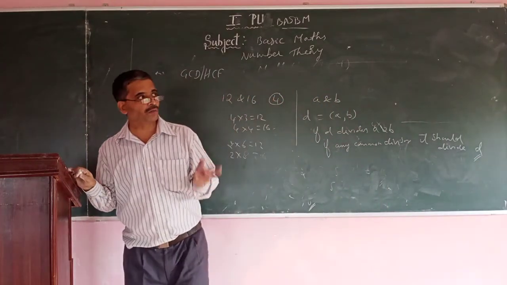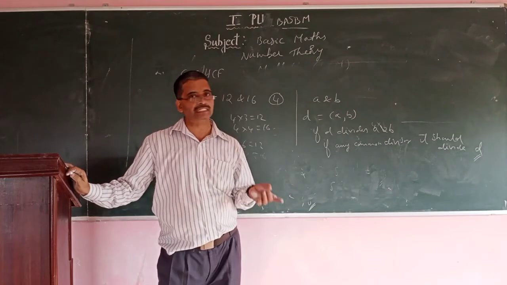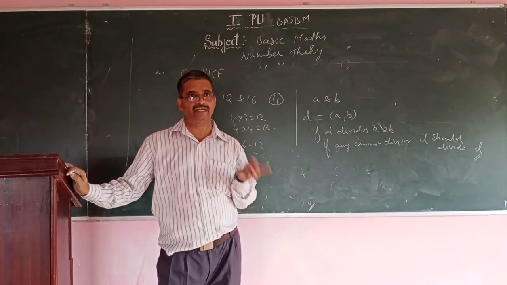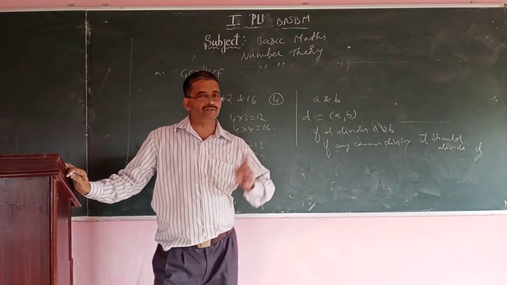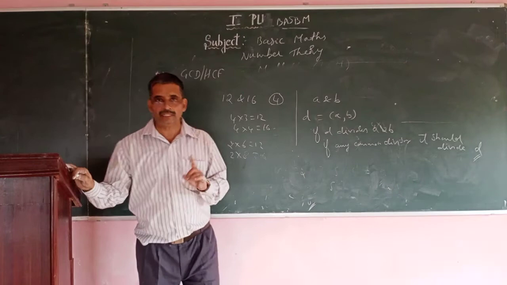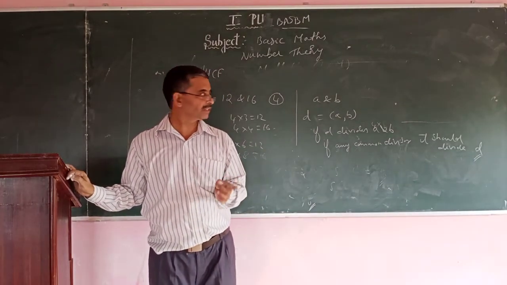So D is a common divisor of A and B. If D divides both A and B, and if you take any common divisor, that common divisor should divide D.